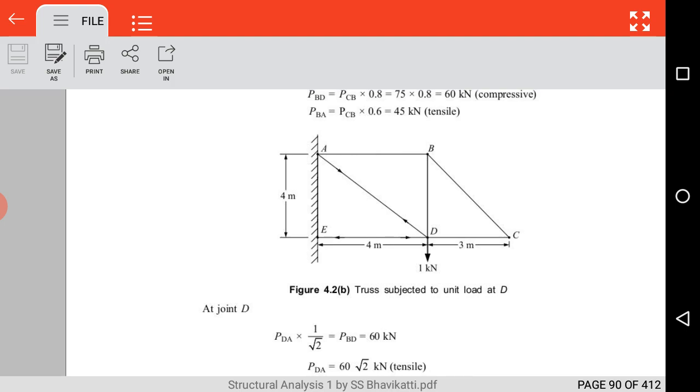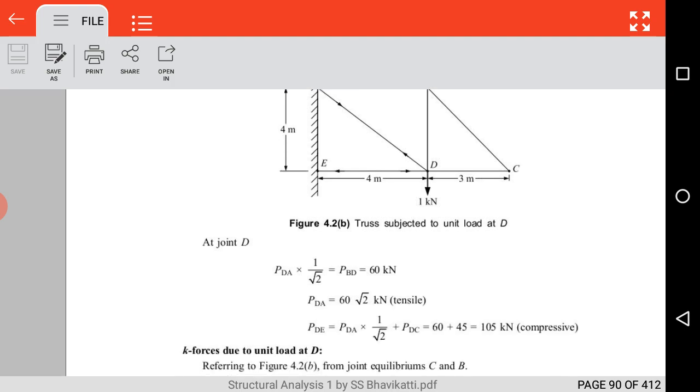by our usual logic we can say that the force in the members DC and DE will be equal to 0. The force in the member cannot be equal to 0, we require to resolve the forces of the members in the perpendicular directions.